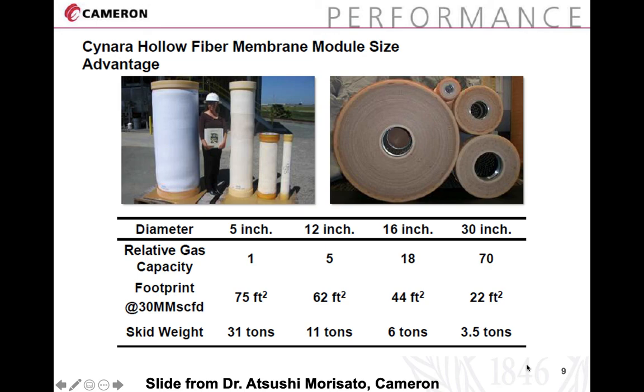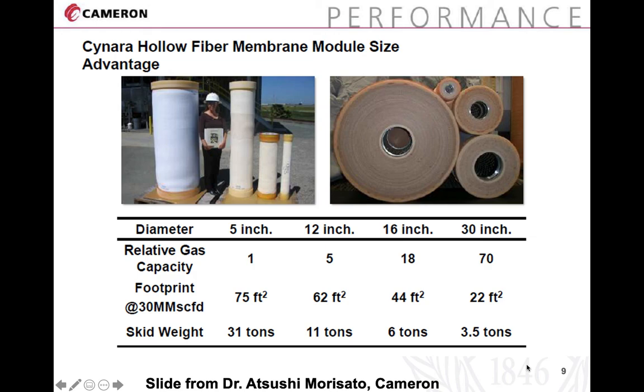Let's say 20 or 30 years ago, this particular company was able to manufacture a cylinder composed of membranes with a relative gas capacity of 1 and a footprint of 75 square feet. And the weight was more than 30 tons.